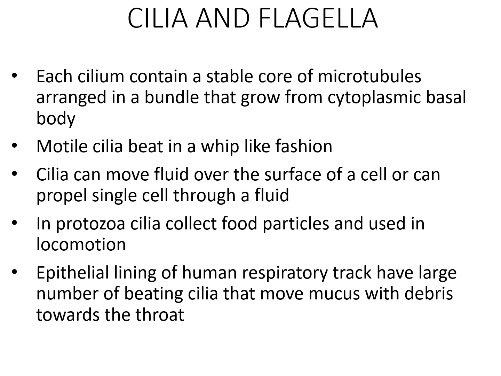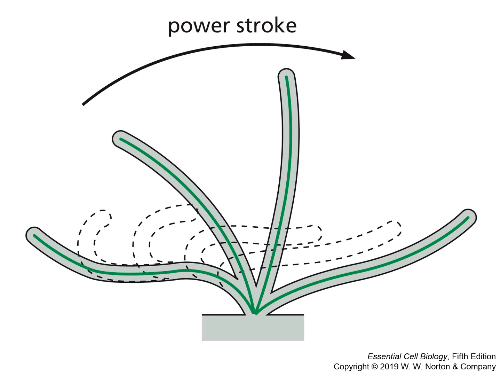When they beat, they can allow cells to transport themselves, a swimming motion. They also help cells to move particles out of the cells, like in the respiratory tract, or for protozoa to collect food particles. So here is the basal body and the structure of a cilium's power stroke. They can move in a whip-like fashion when they are working.